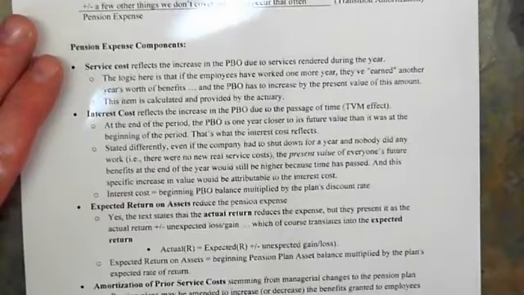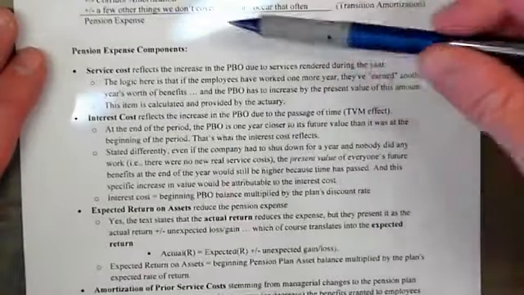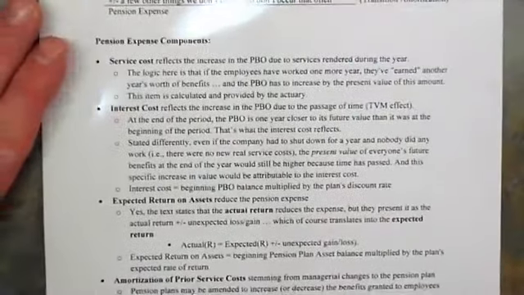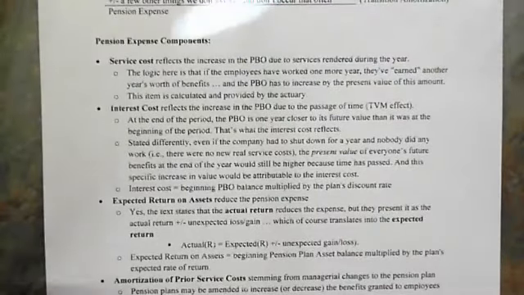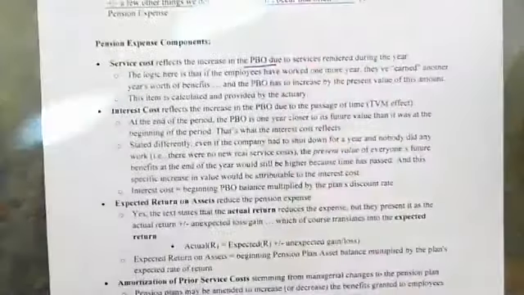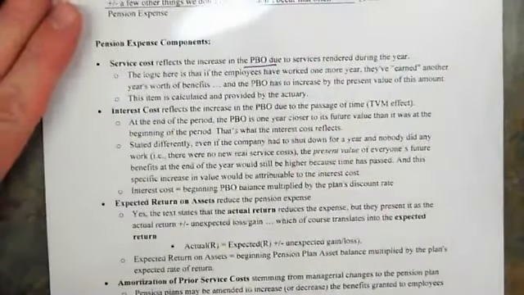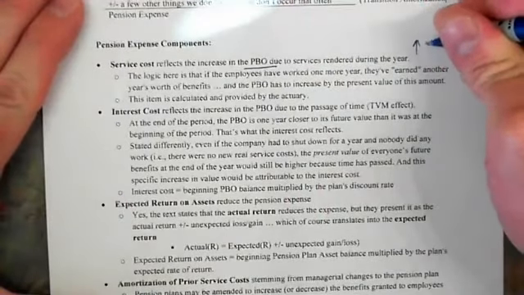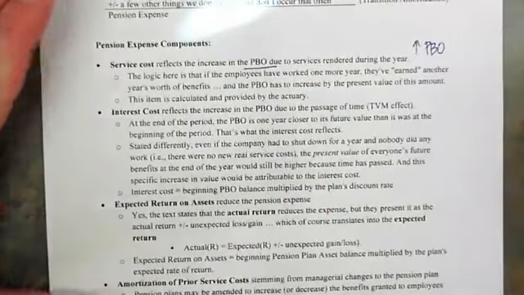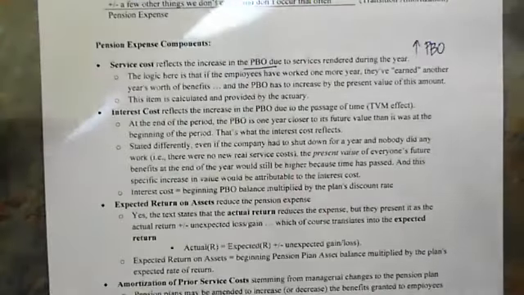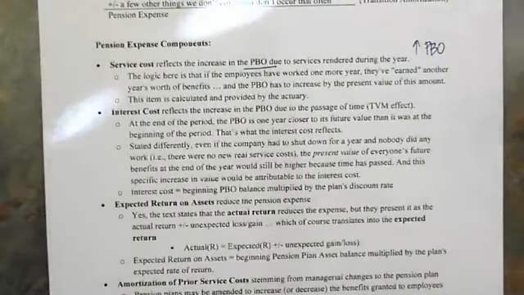Pension expense components. So what are these items? Service costs just reflect the increase in the PBO due to services rendered during the year. So this will increase my PBO, which is important to know. You have to know how each of these items fits into those disclosure T accounts. Remember, they're not actual company T accounts, but they are put in the footnotes.